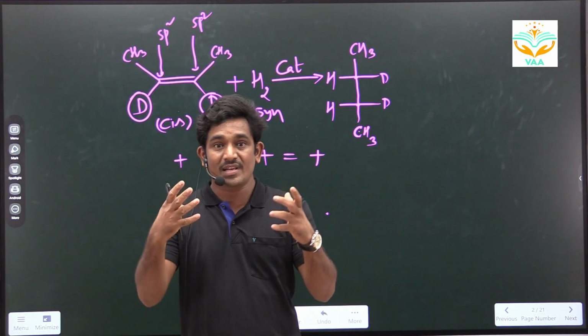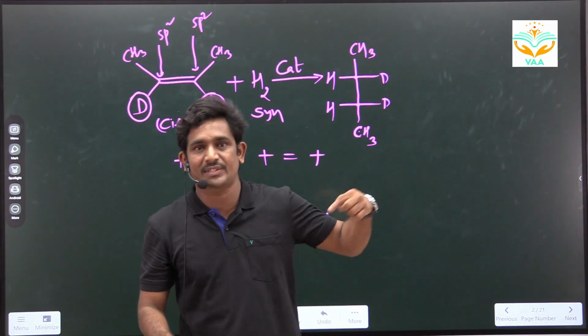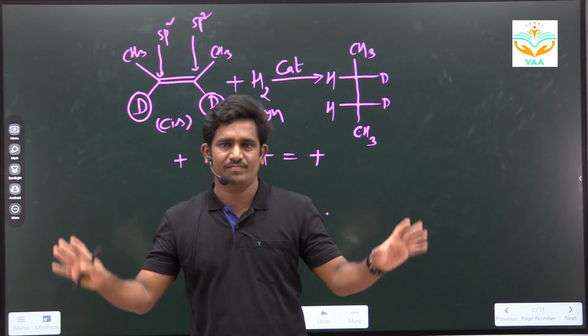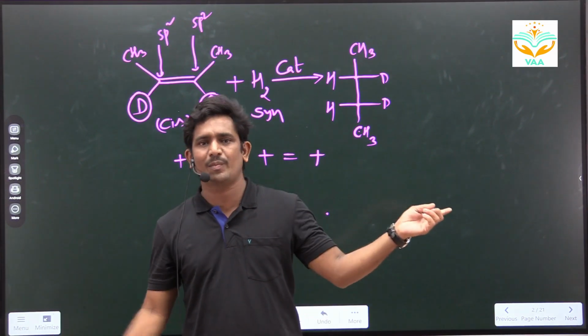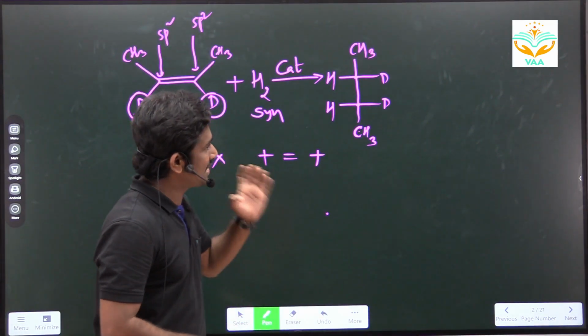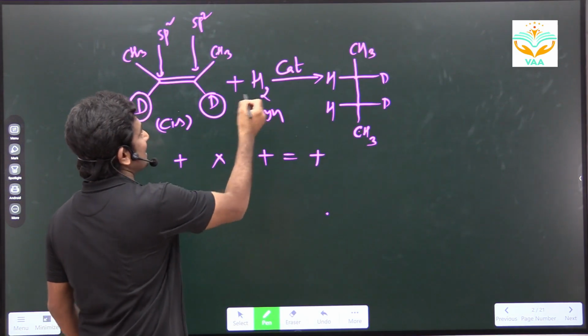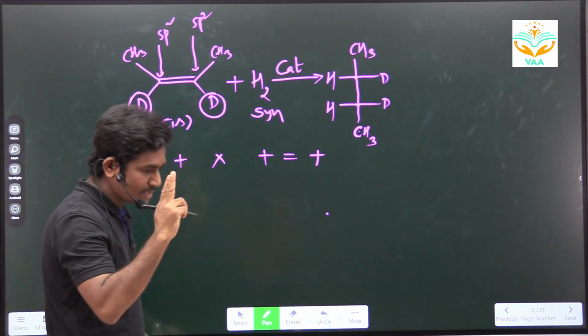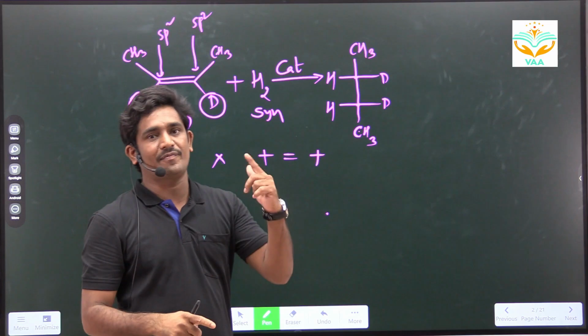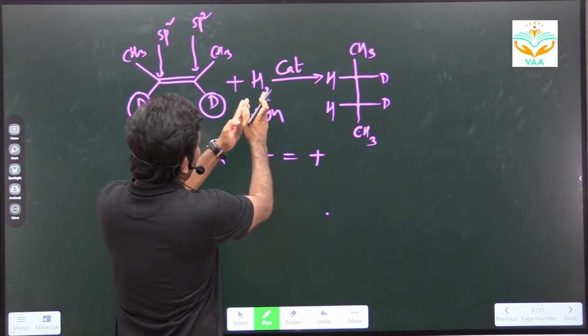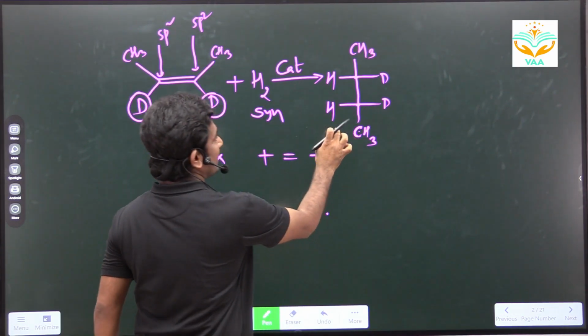You can enter the hall from the left side as well as the right side. In the same way, this hydrogen gas can attack this alkene from two sides. If the hydrogen gas attacks this alkene from the left side, you will get this one.